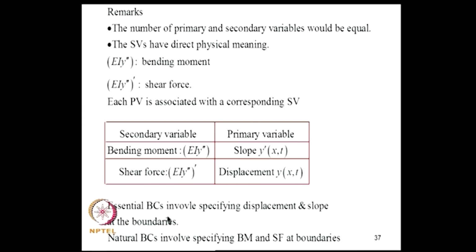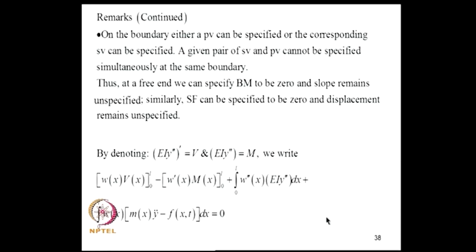So, essential boundary conditions involve specifying displacement and slope at the boundaries, and natural boundary conditions involve specifying bending moment and shear force at the boundaries for the beam problem. Now, on the boundary either a primary variable can be specified or the corresponding secondary variable can be specified. A given pair of SV and PV cannot be specified simultaneously at the same boundary.